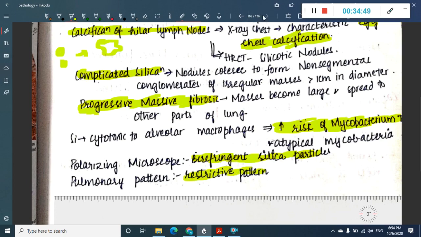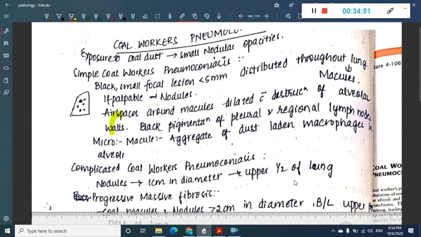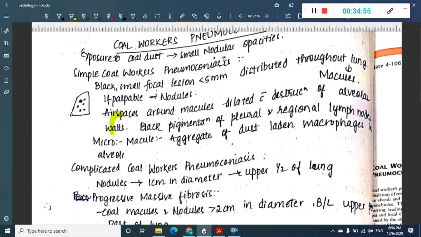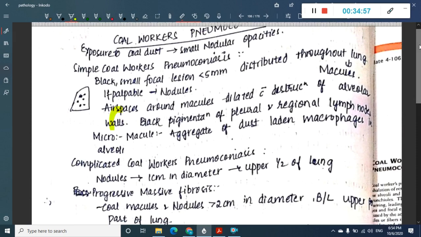Next, after we have learnt about asbestosis, now let us learn about coal workers pneumoconiosis. What are you going to see in coal workers pneumoconiosis? Even here the pathogenesis is almost similar to that of silicosis.